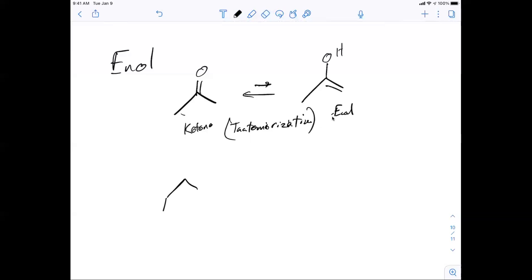Now, in some cases we see differences. If we look at this species, of course, the phenol here is going to be much more stable because it's aromatic.